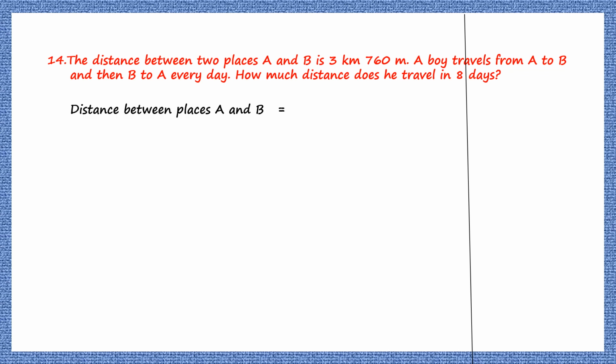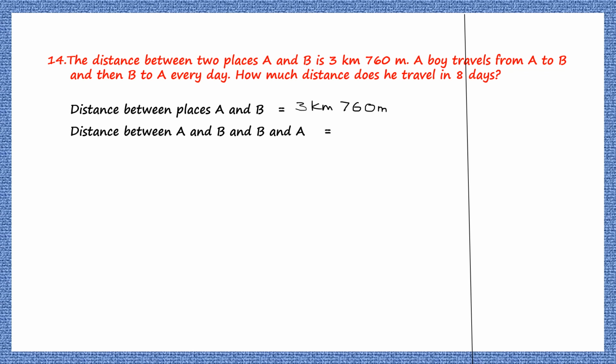The distance between two places A and B is given to us. It is 3 kilometers 760 meters. And then they're telling us that the boy travels from A to B and B to A every day. That means what is the distance between A and B and B and A?